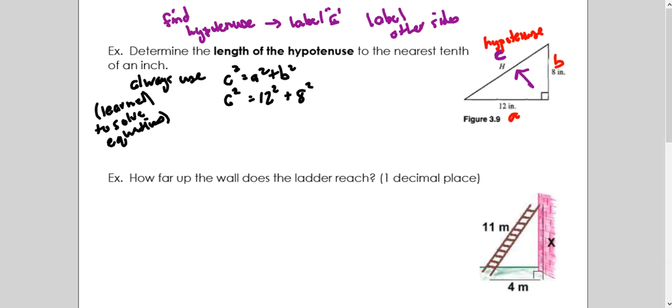Now I can evaluate each part. 12 squared is 144. 8 squared is 64. Now I can add those parts. I can go to my calculator and say 144 plus 64, and I've got 208.